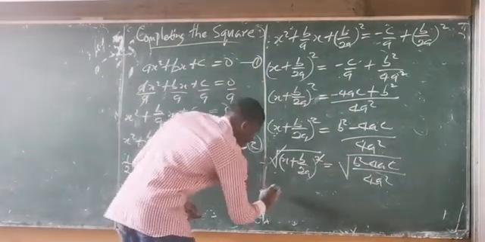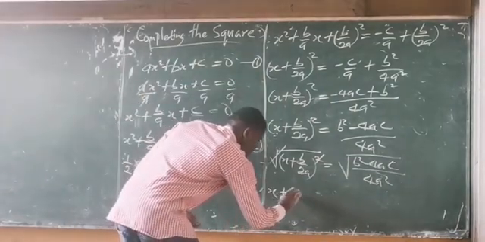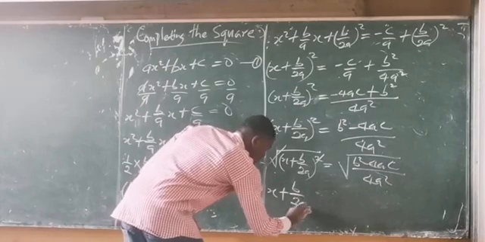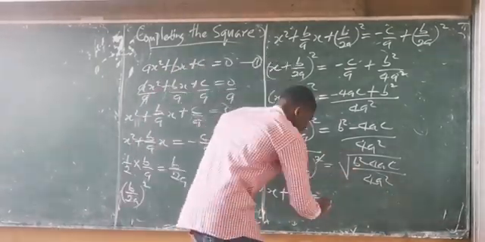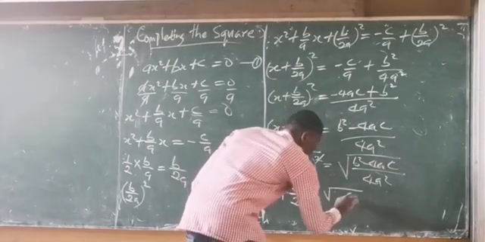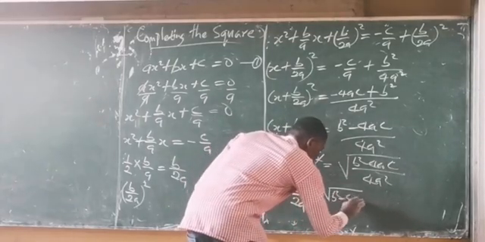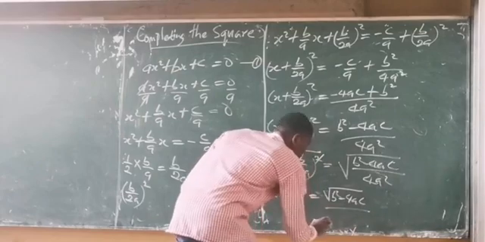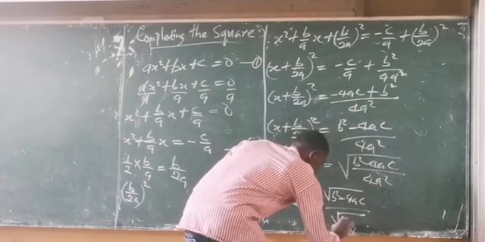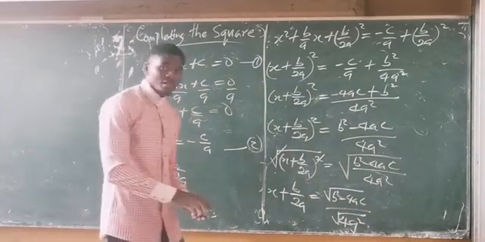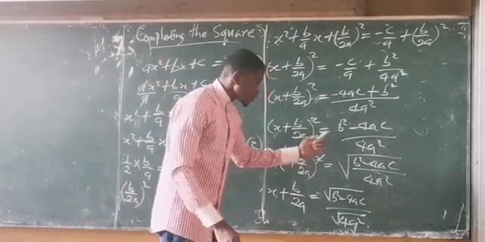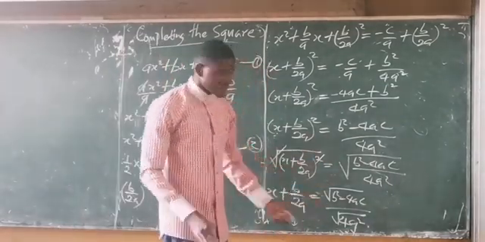So we have x plus b over 2a equals to, this simply means square root of b squared minus 4ac all over square root of 4a squared. That's what this actually implies. Okay? The square root of these values, all of them simply means this.